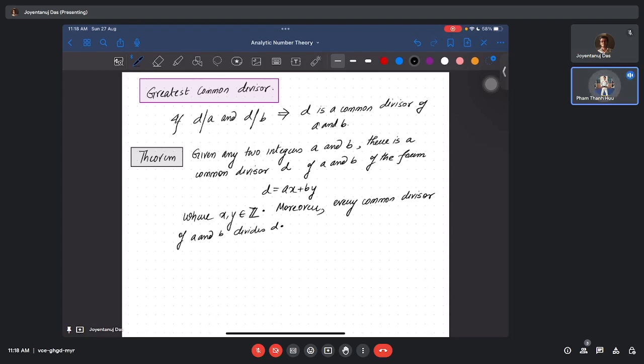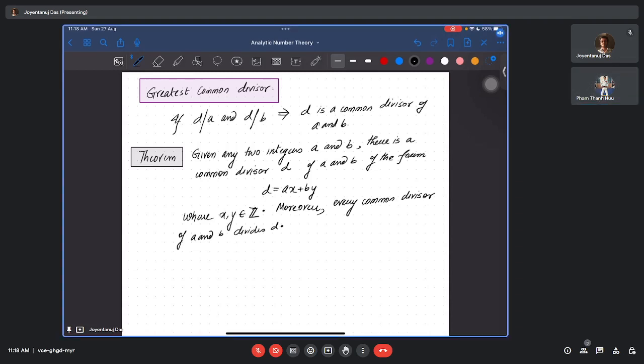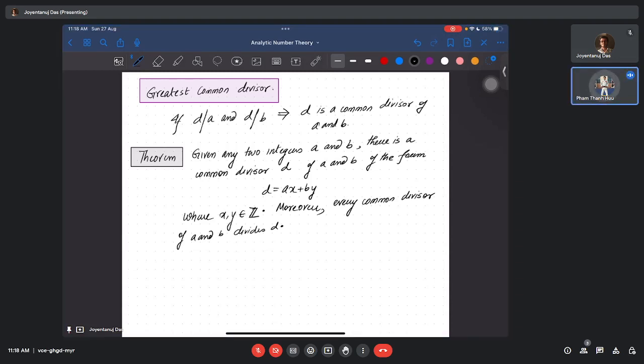So x and y should not be 0, because then we cannot say d is a common divisor. For example, y equal to 0, so d equal to a, which would mean a and b do not have a common divisor.